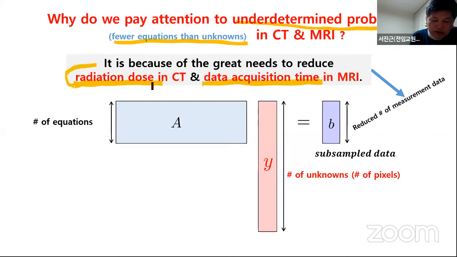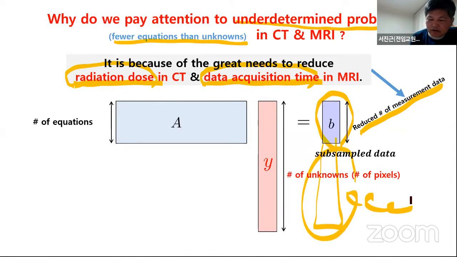To do that, you need to reduce the number of measurements. So you use subsampled data, but you try to maintain a high-resolution image. That leads to the undersampled problem.